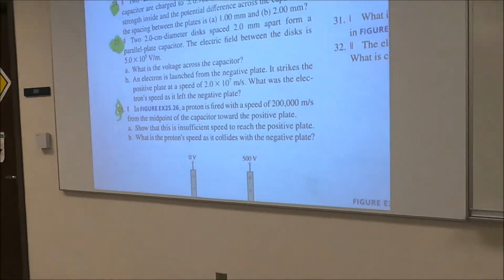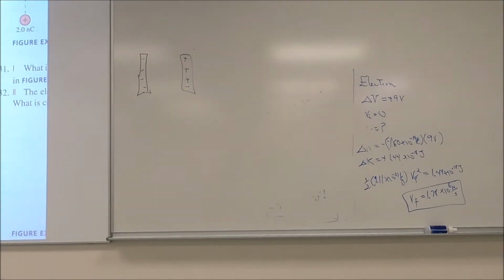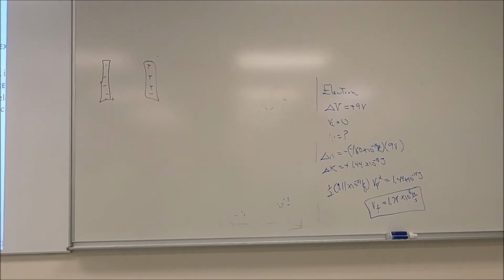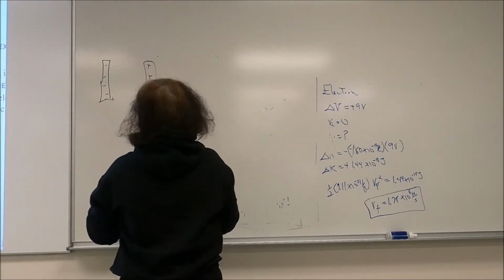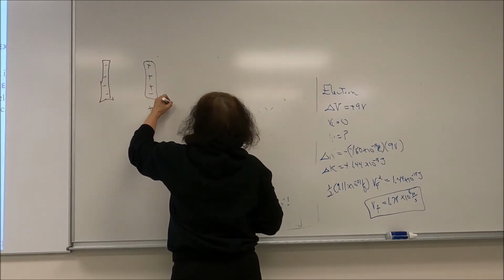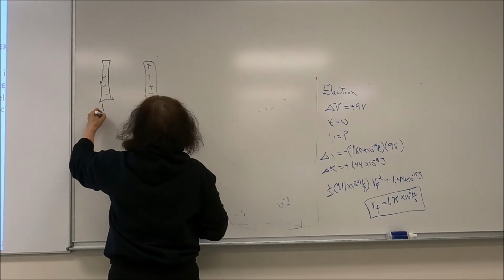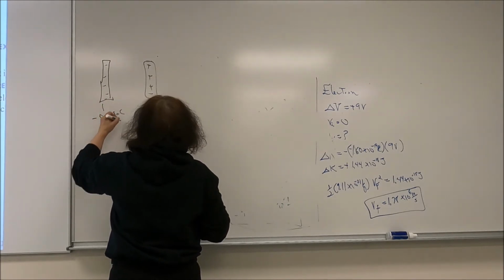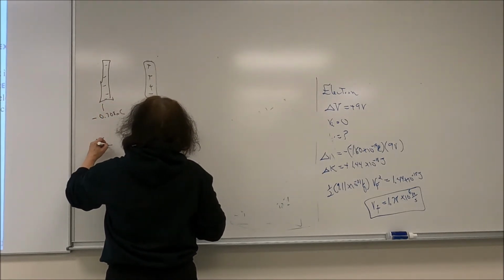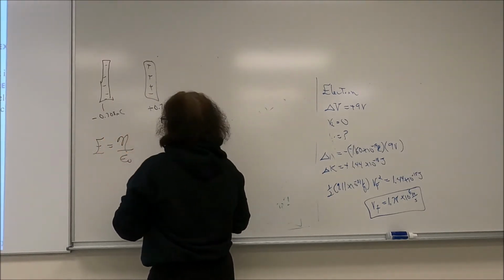Let's draw ourselves a pretty picture. Okay, so our positive plate is plus 0.708 nanocoulombs, and the charge over here is a minus 0.708 nanocoulombs. We know the strength of the electric field is equal to eta over epsilon 0.